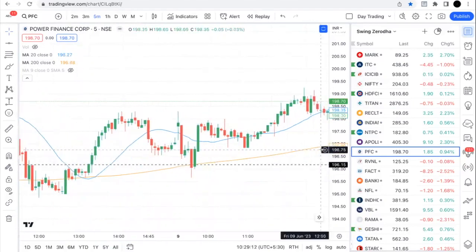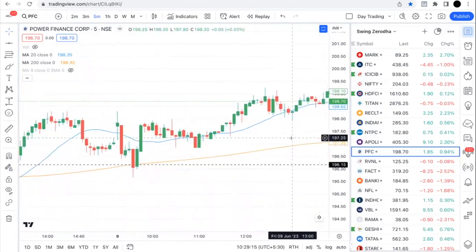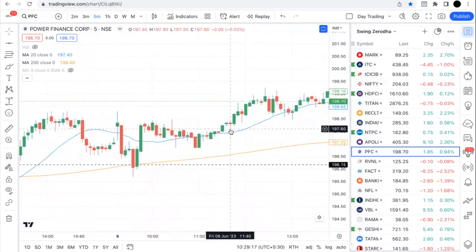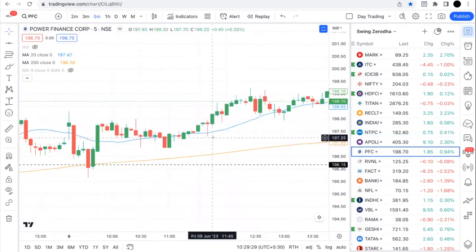Another one is a hammer candle, no matter what color it is. Look at this. This is called a hammer candle. This is another hammer candle, where the candle looks like a hammer, pretty much. And what does that mean? Well, that means that the lower prices are rejected, and it closed higher.